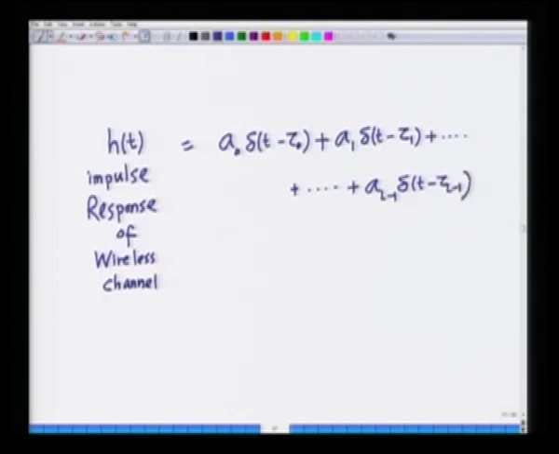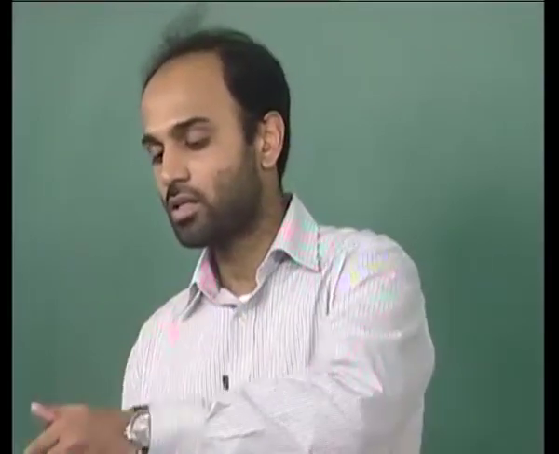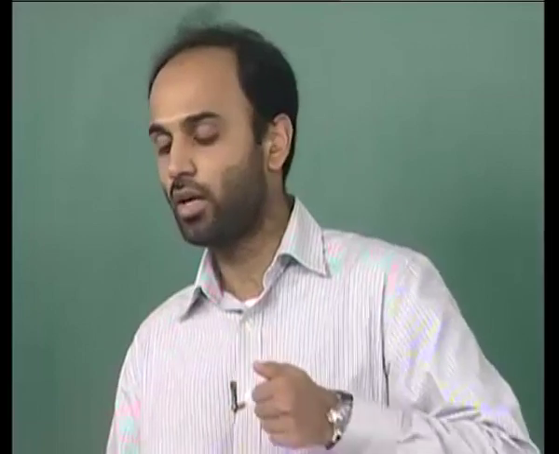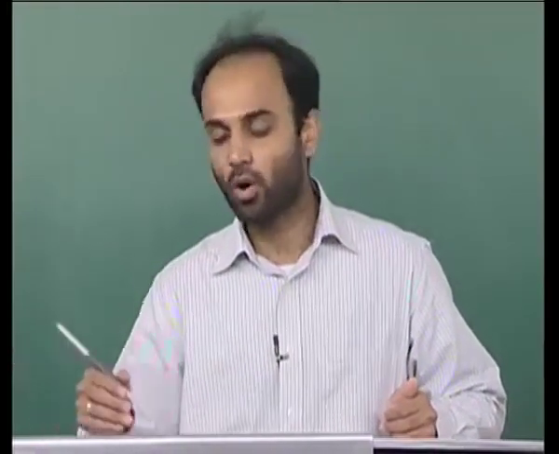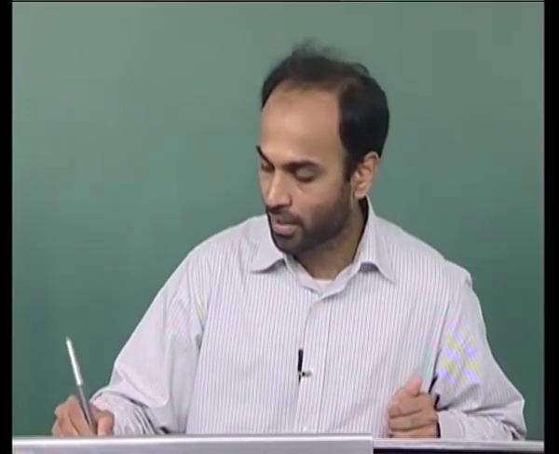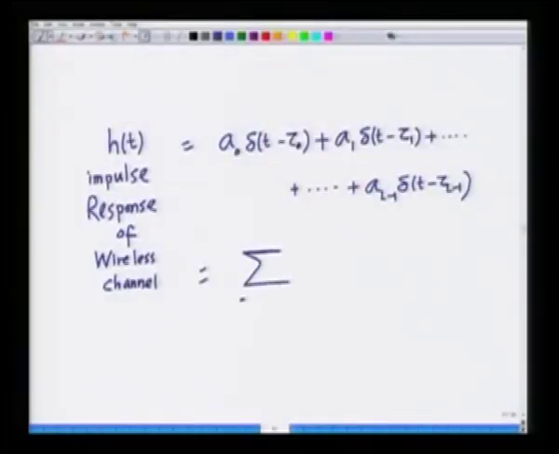Alright. So, the net impulse response of the system is the sum of the impulse responses corresponding to each path, which is the attenuation corresponding to that path and the delay corresponding to that path. That is, for the ith path it is the attenuation A i and delay tau i, and I can represent this compactly as the sum over i equals 0 to L minus 1 of A i delta of t minus tau i.